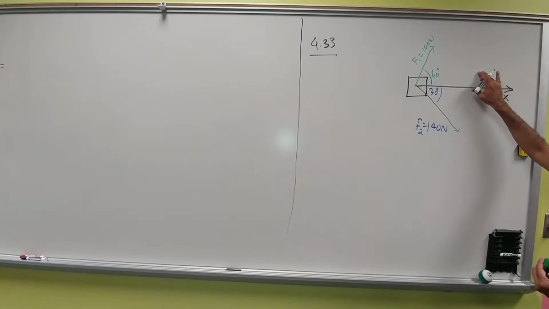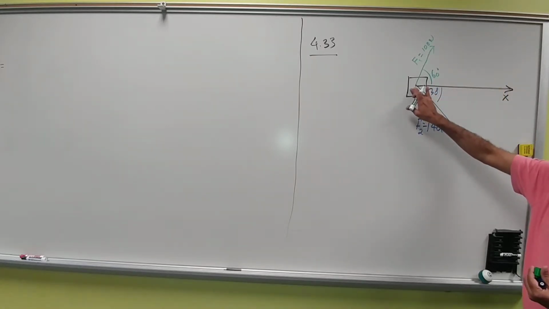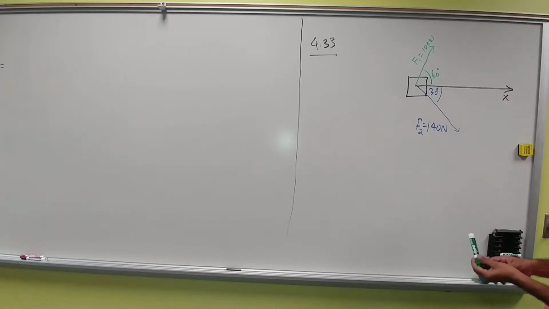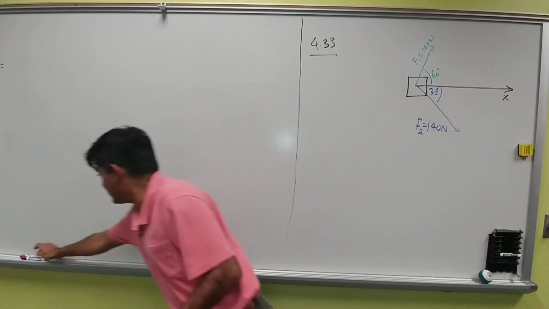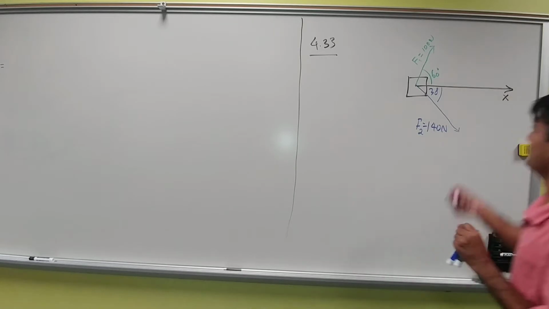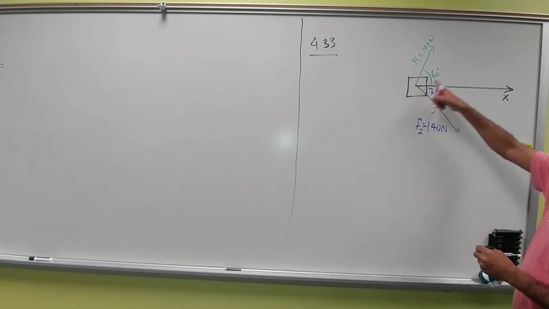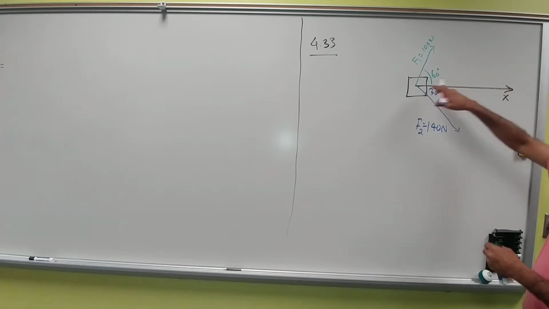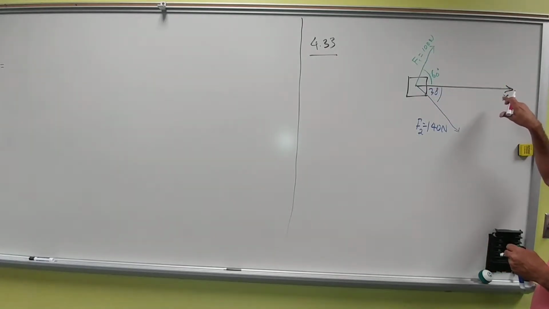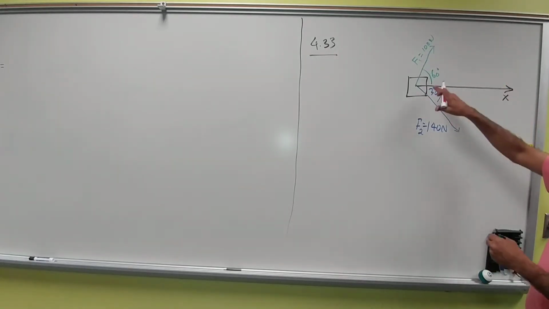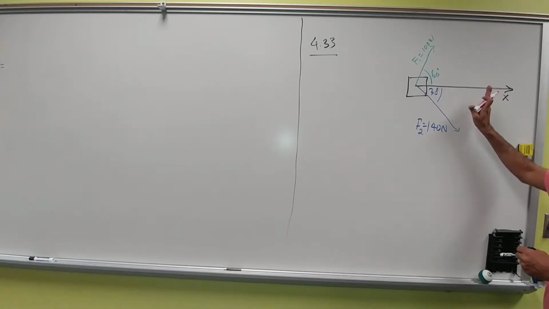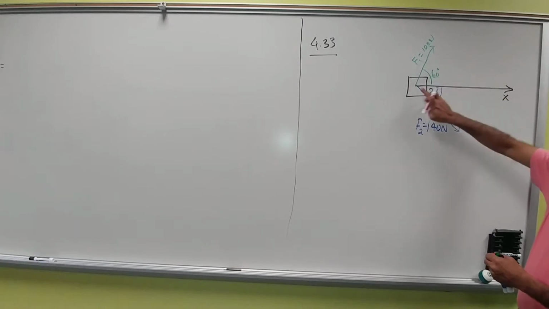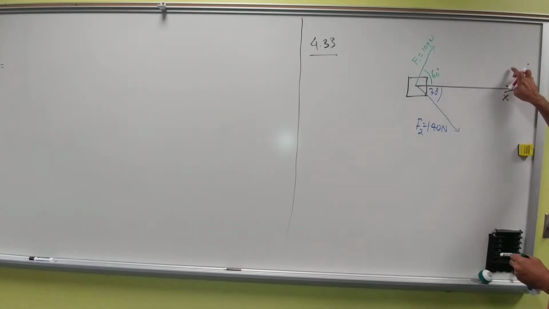Then, in order for this cart to go in the X direction, there's another role for the child. The child has to push somewhere. If it goes this way, then he has to push a little bit down so that it goes in this direction. Or if it goes down, then the child has to push up. Since it's too big an angle, most likely it goes somewhere here.